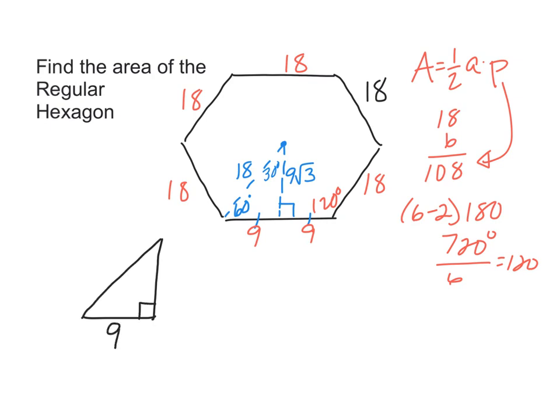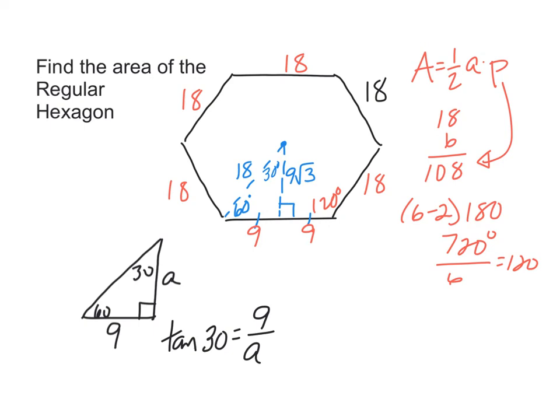This is 9 right there. We said this is 60. This is 30. Since I'm looking for the apothem, I know this angle. What do I have? I have opposite and adjacent, so that's tangent. So I could do tangent of 30 degrees equals opposite over adjacent, and I could solve that also. That's another way I could do it.